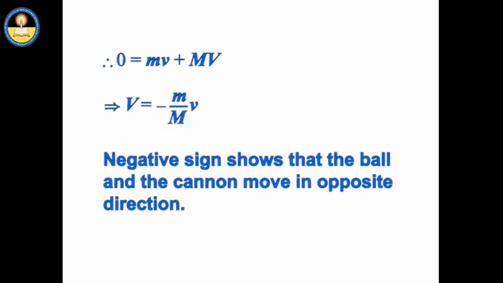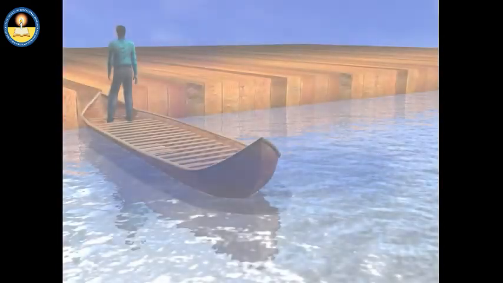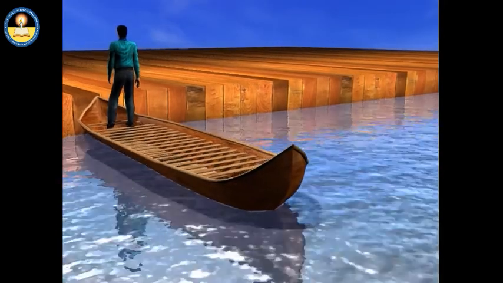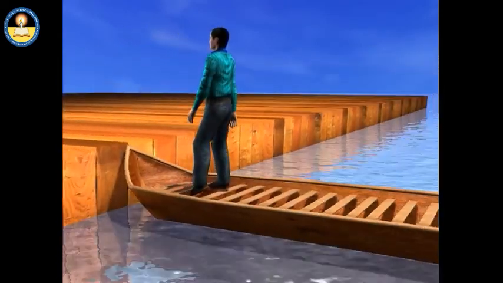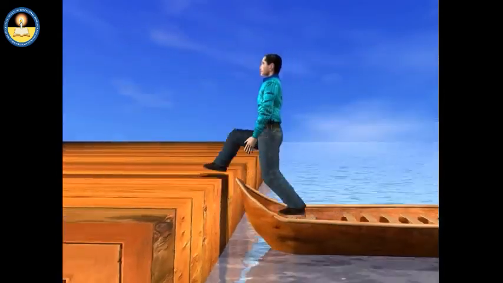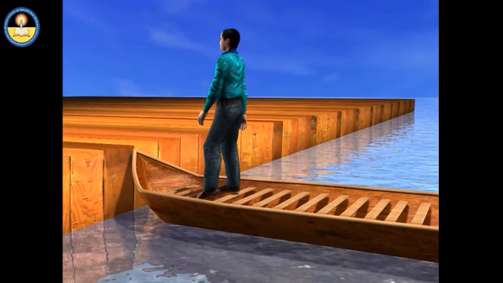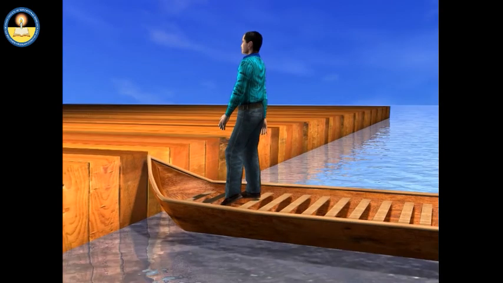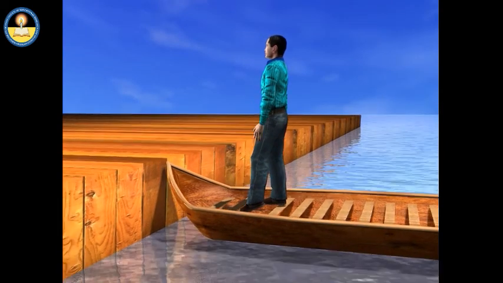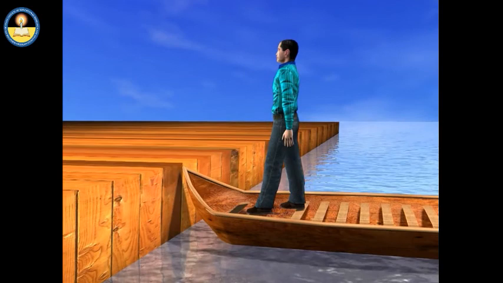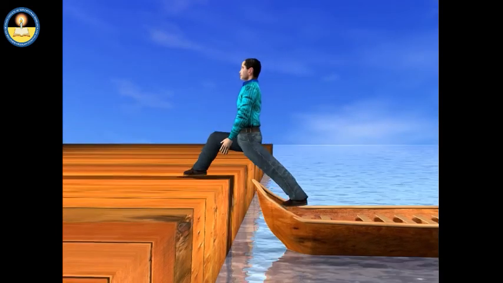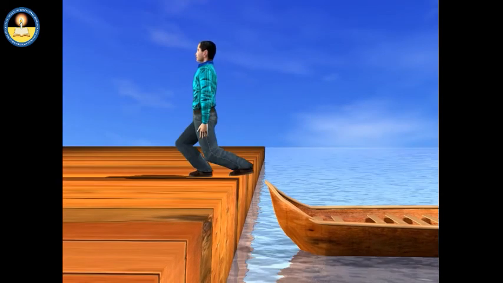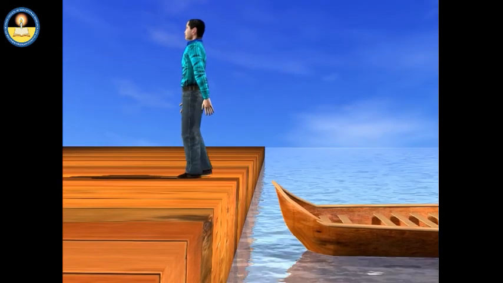Similarly, when a boy jumps out from a boat to the bank of a river, the boat slightly moves away from the bank because the initial total momentum of the boat and the boy is 0. When he jumps out from the boat to the bank, the total momentum of the boy and the boat should also remain 0.